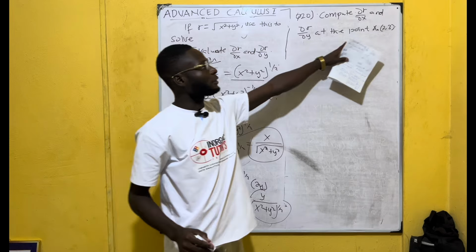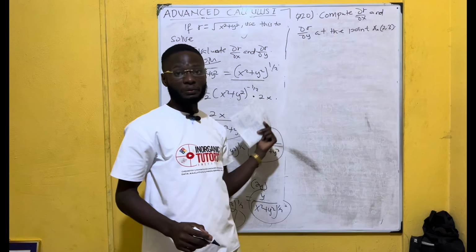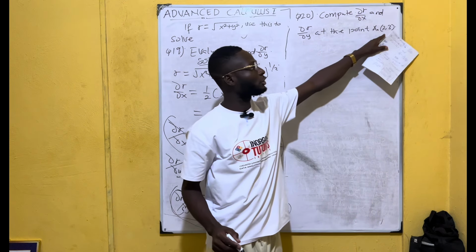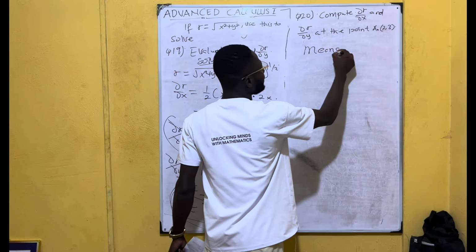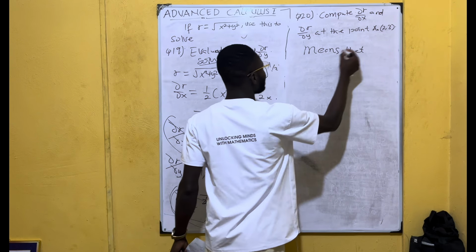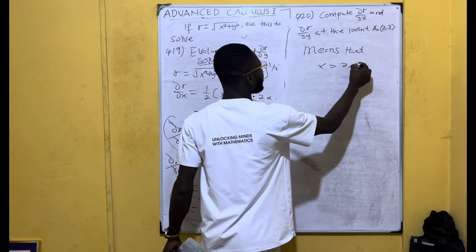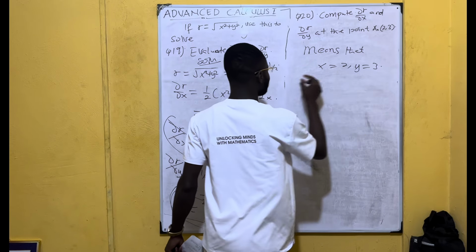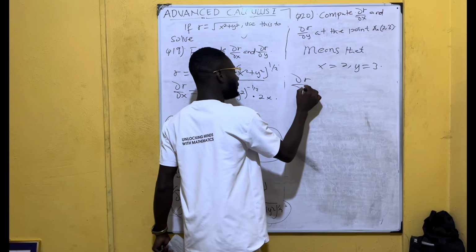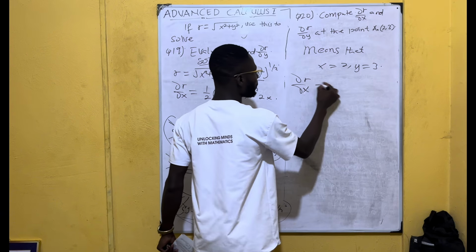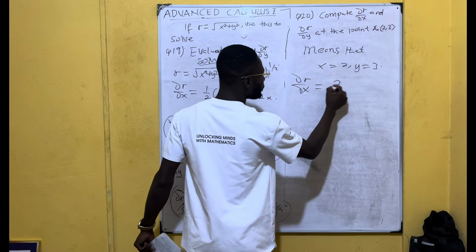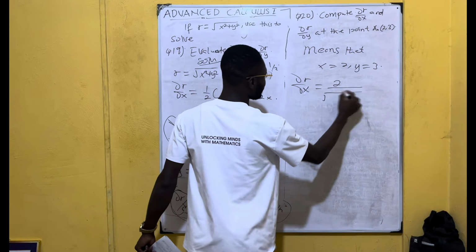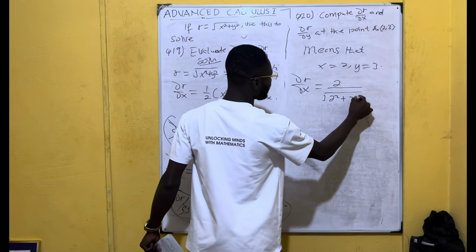Now with question number 20, we are asked to evaluate the result that we have at the point (2, 3). So this means that x is 2 and y is 3. So the partial with respect to x is x, here 2, divided by the square root of 2 squared plus 3 squared.